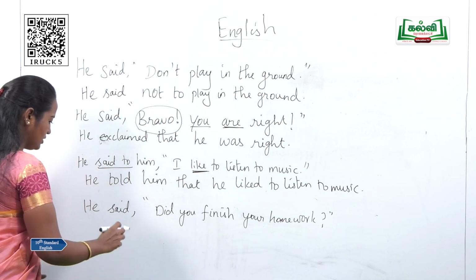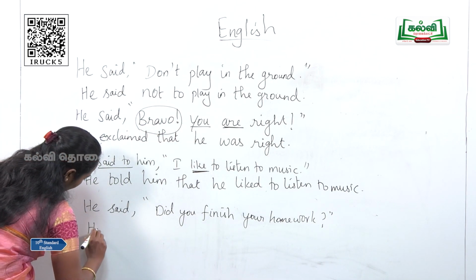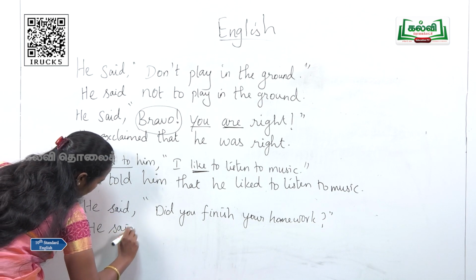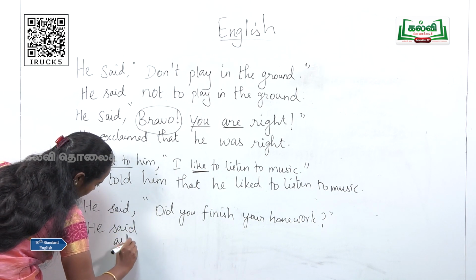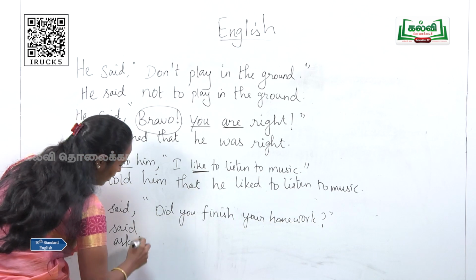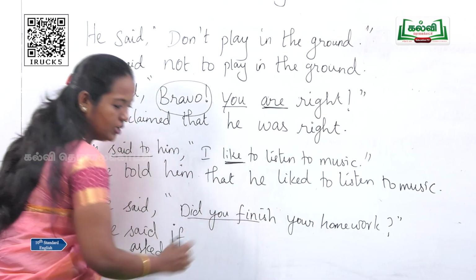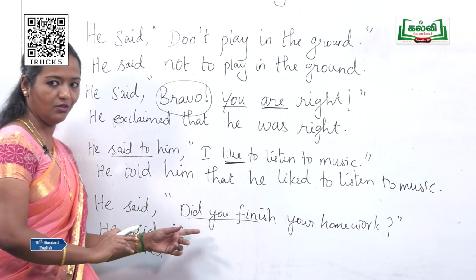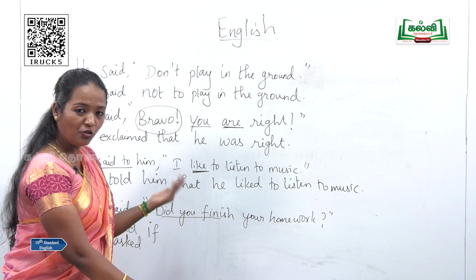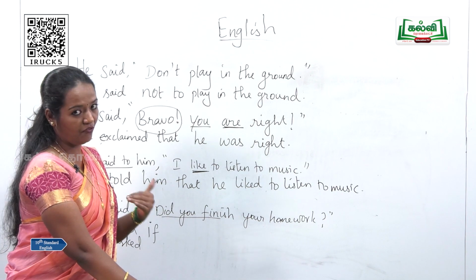And the last sentence is, he said, did you finish your homework? So what type of a question? Yes or no type. So here you can either use the same or you can also use asked. He said or he asked if, and this is in past tense. Did you finish your homework? So if it is in past tense, you will have to change it into past perfect tense.